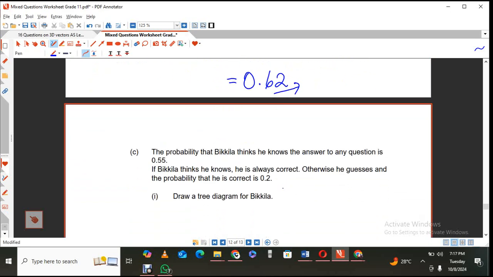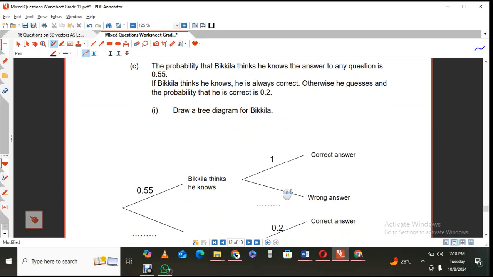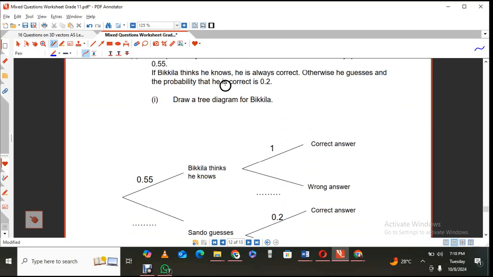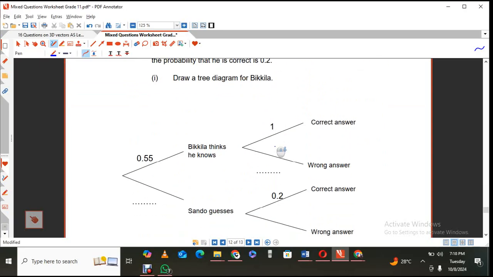The probability that Bikila thinks he knows the answer to any question is 0.55, so I've brought in the tree diagram. And if he knows the answer, he's always correct. So if that is 1 already, then remember this one here should be 0 because that should add up to 1. And if this is 0.55, then this one here should be 0.45.